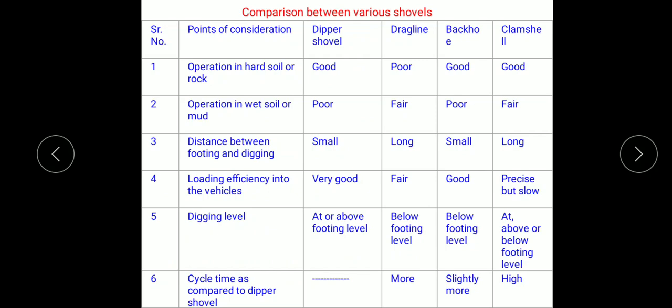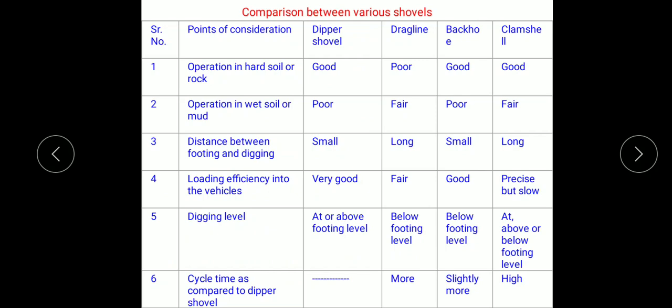For dragline it is long, for backhoe it is small, and for clamshell it is long. If you compare the loading efficiency, power shovel offers very good efficiency as compared to dragline, and backhoe is good, and clamshell is slow.